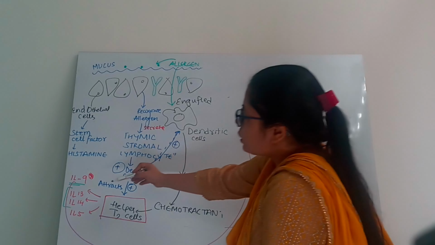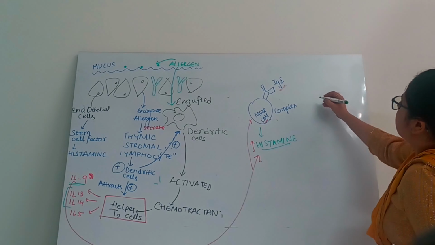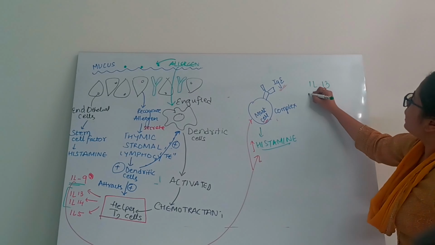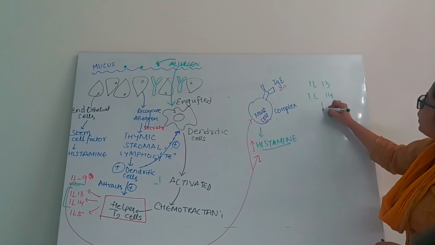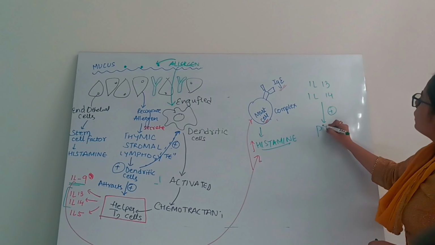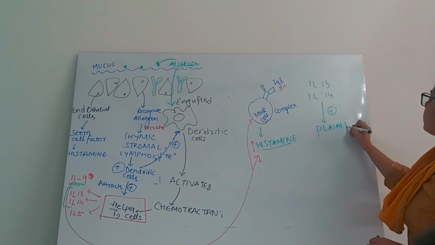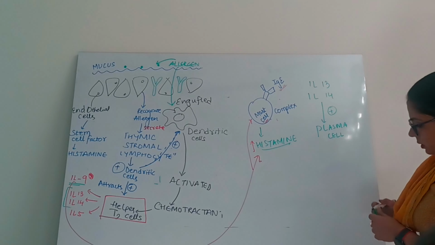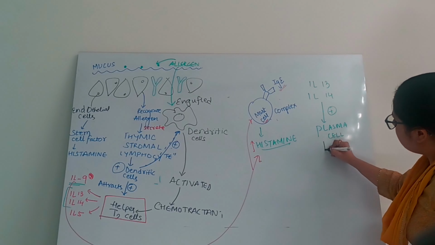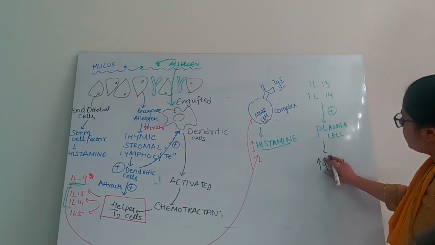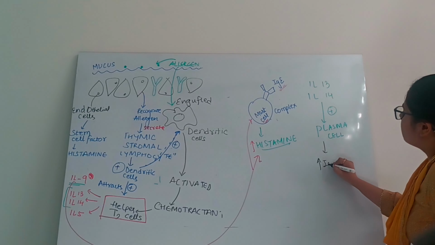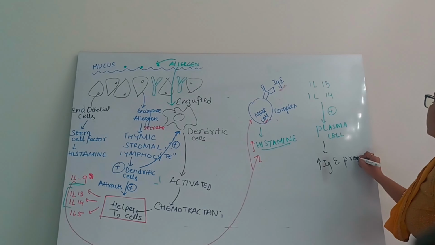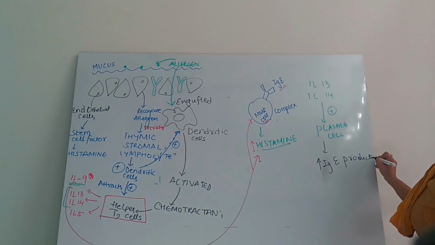Second, there is a release of interleukin 13 and 14. So interleukin 13 and interleukin 14 together trigger the plasma cells to stimulate the IgE production, right?